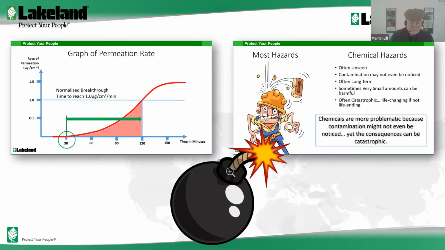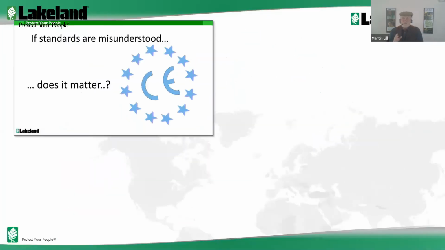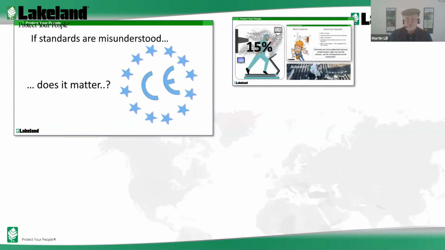So I started this presentation with, if standards are misunderstood, does it matter? And we've looked at 3 specific examples. We saw how the whole suit garment test is misunderstood and people assume that it means no penetration, but it might, especially with dust protection.